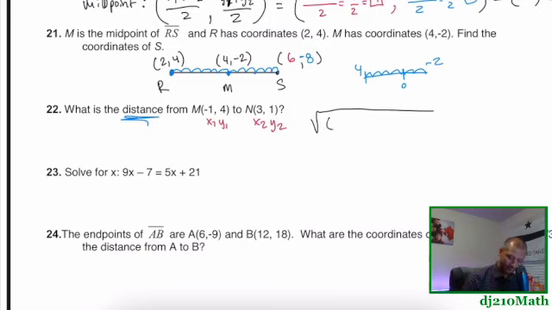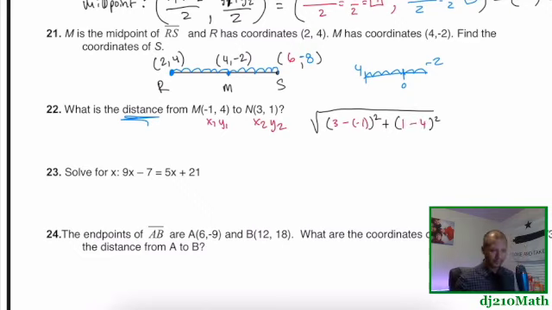It's going to be x2 minus x1. So x2 is 3 minus x1, -1, and then squared, obviously, plus y2 minus y1. So y2 is 1 minus y1, which is 4.